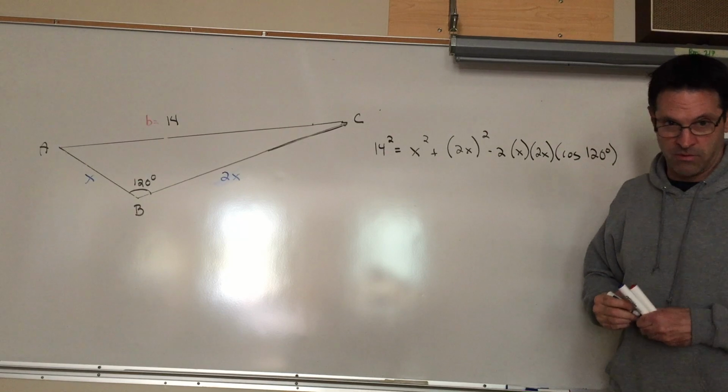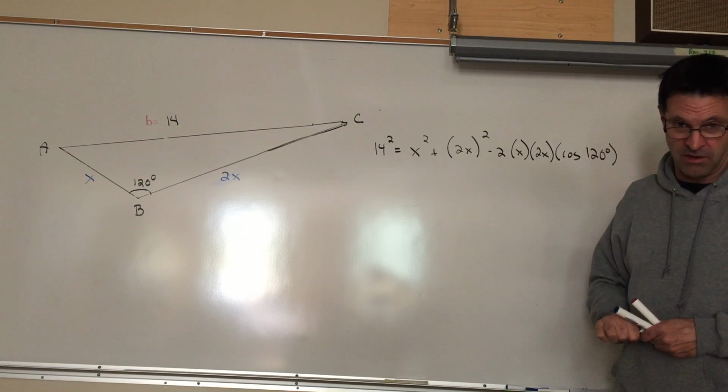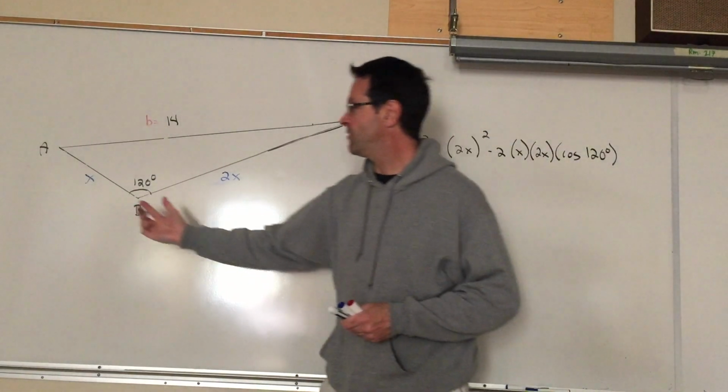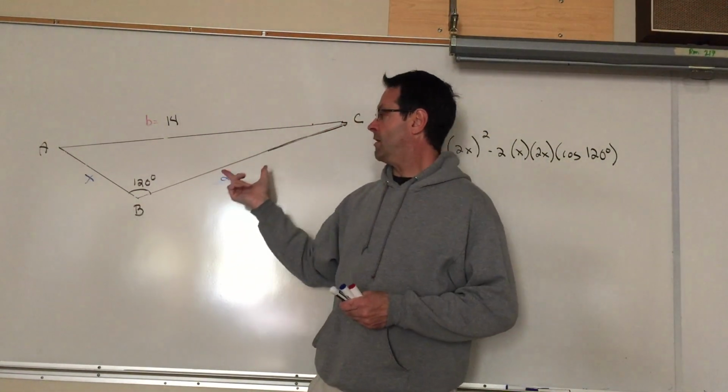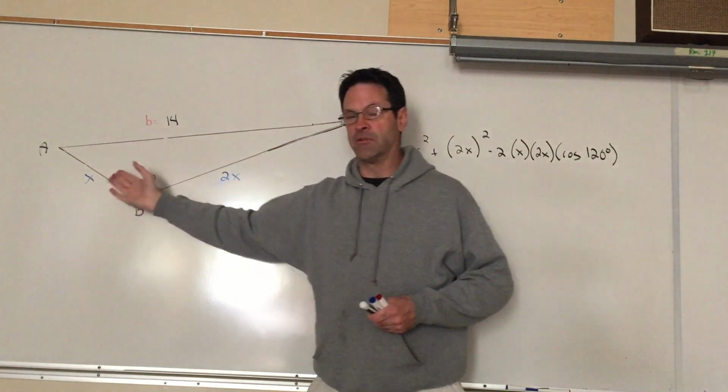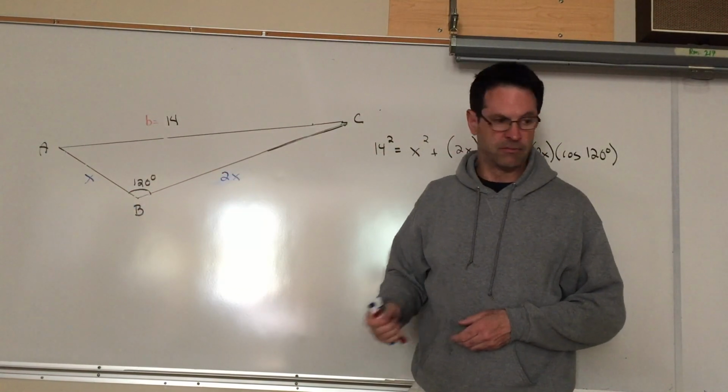I'll let you work through that and then check the answer key. But that was just an idea of how to get you started on this one. Because this side length is twice the length of this side length, we represented them using a known variable.